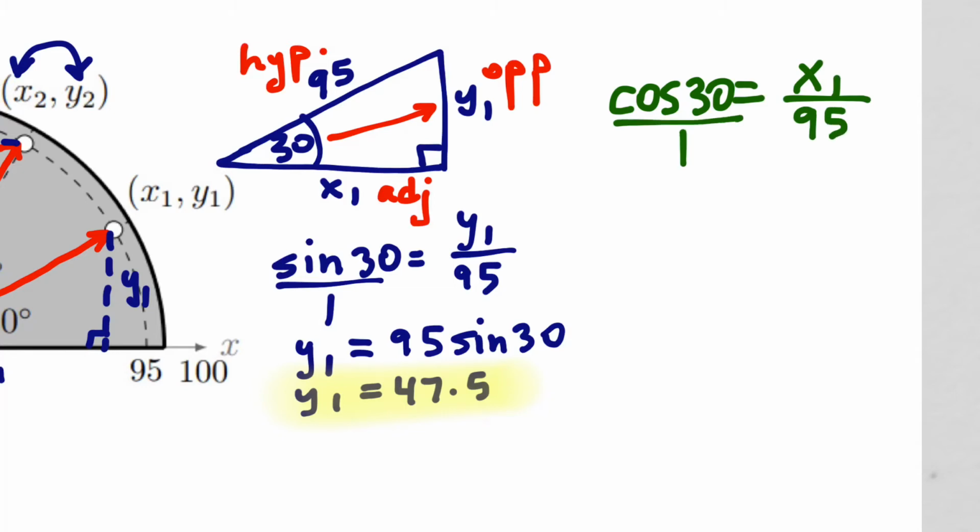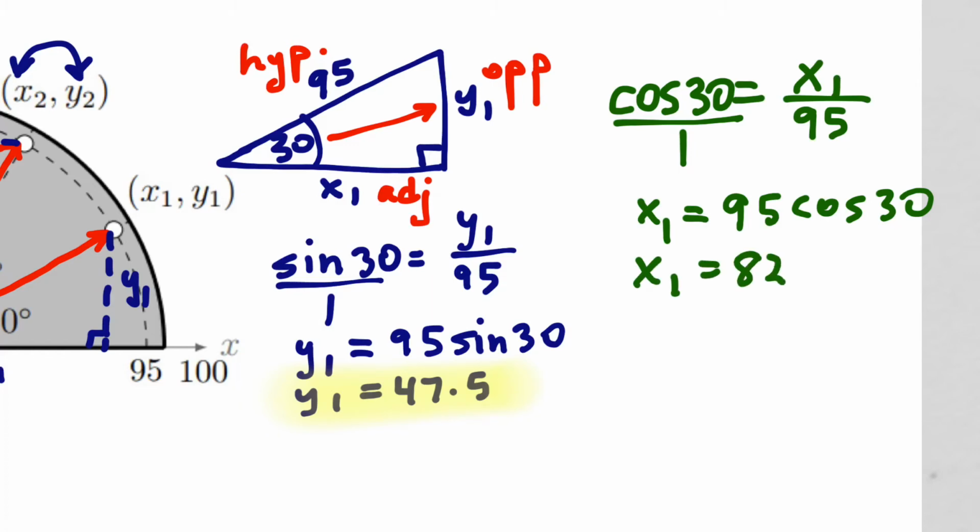So setting up a cross product, I'll get x1 times 1, which is x1, is equal to 95 cosine 30. So plugging that into my calculator, I get x1 is equal to 82.272.